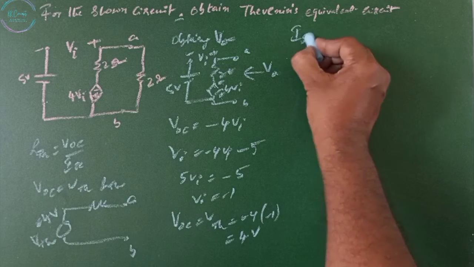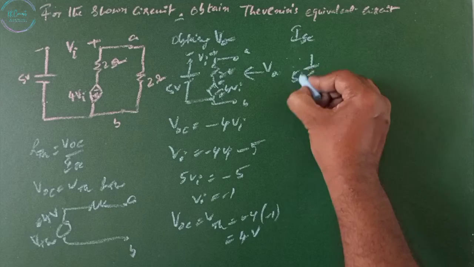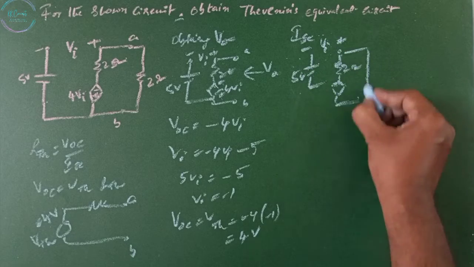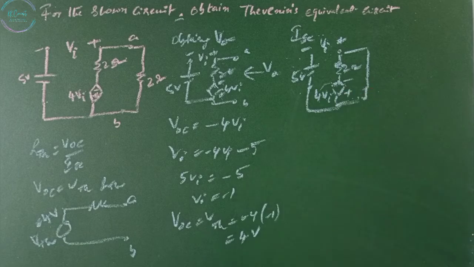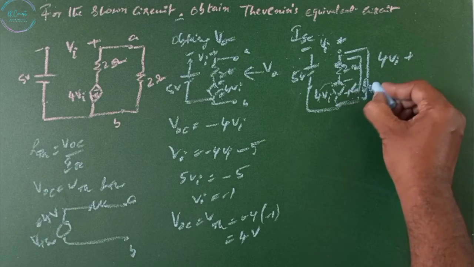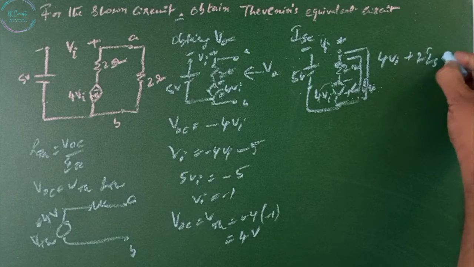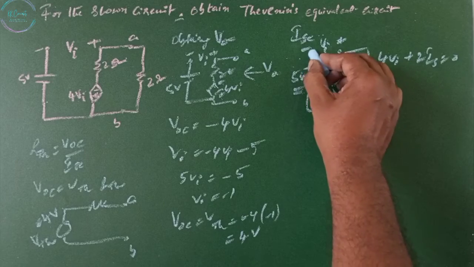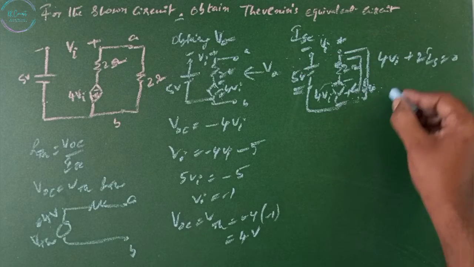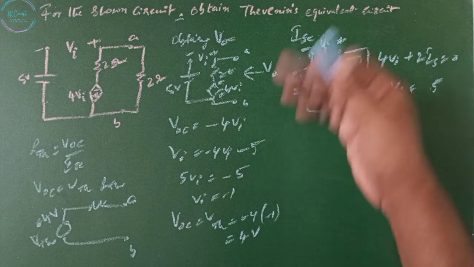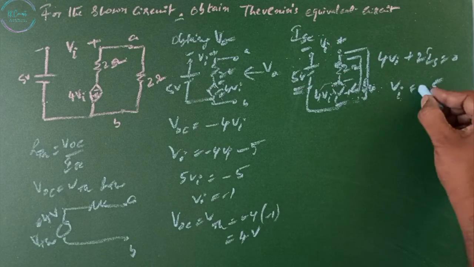For finding ISC, 4 VI plus the current ISC, 2 ISC equals 0. If you observe this, the voltage 5 volts is going to appear in the parallel branch. So we can say VI equals 5, but this voltage is in reverse direction to this voltage, so minus 5.